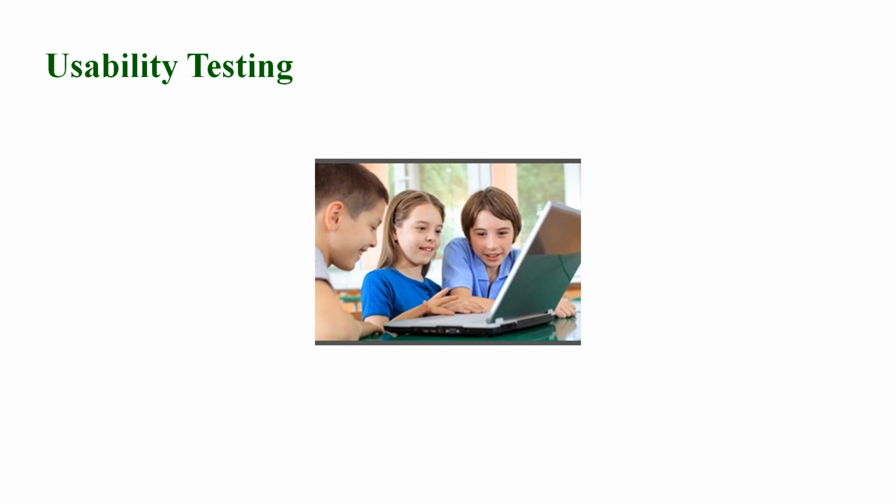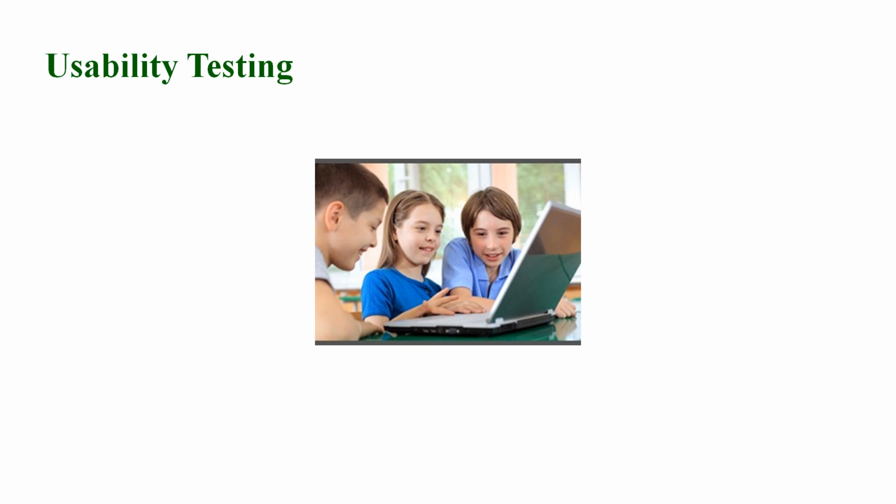Then only is that application designed according to the end user's usability. That is called usability testing. Even small kids should be able to use that application effectively, efficiently and with satisfaction. This type of testing is called usability testing.